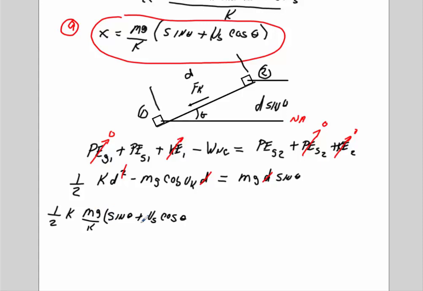Again, that's all like that, minus mg cosine of theta, sorry I forgot theta right there, times mu of k is equal to mg sine of theta.